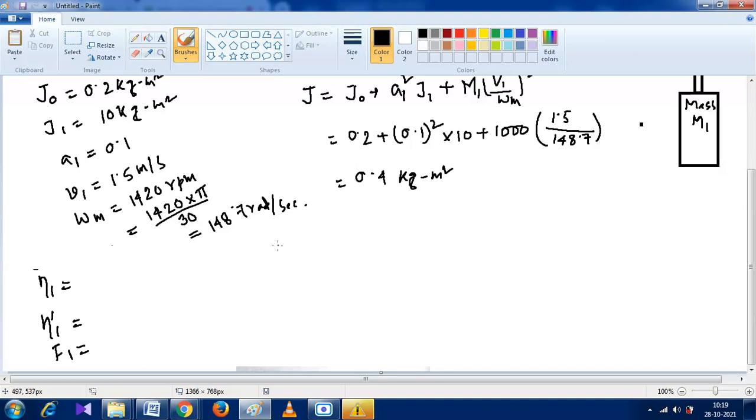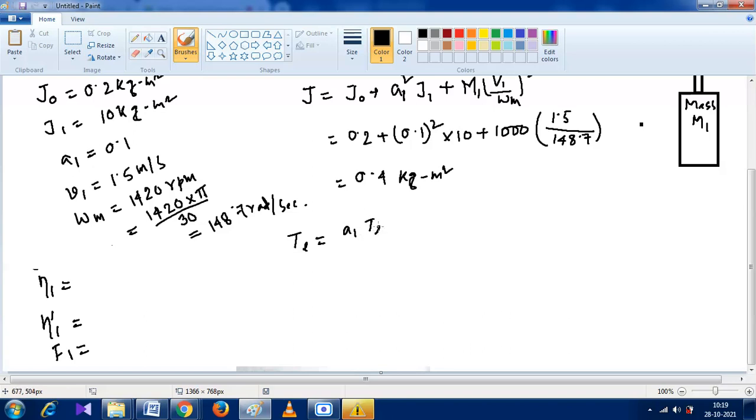Now tell me the equation of load torque. What should be the formula?